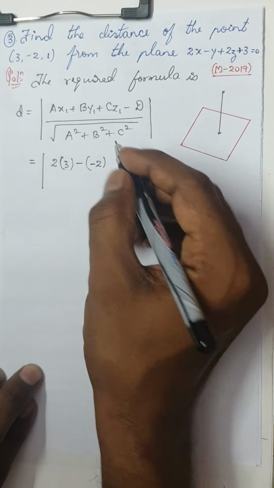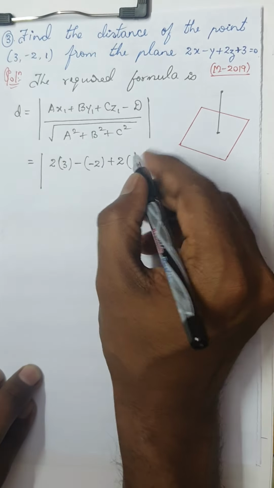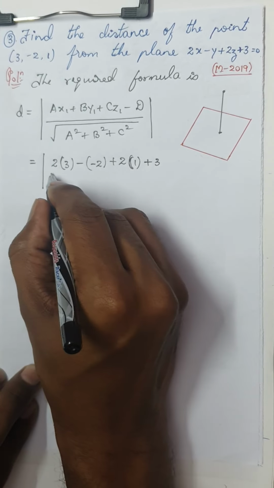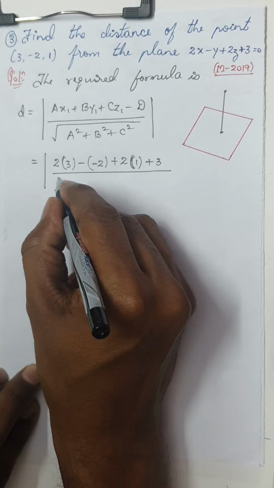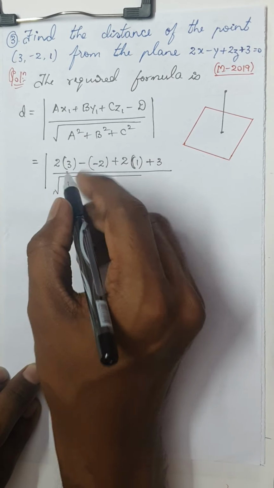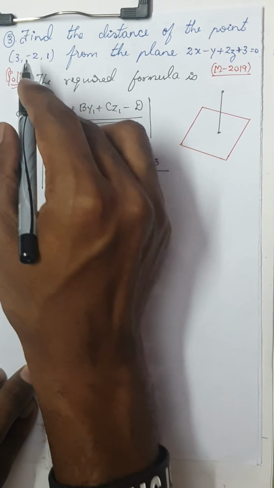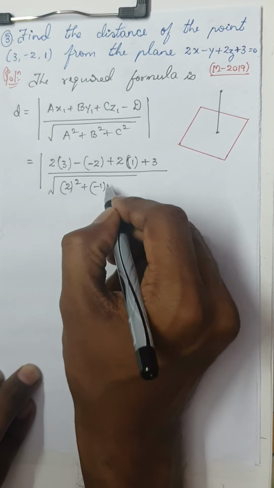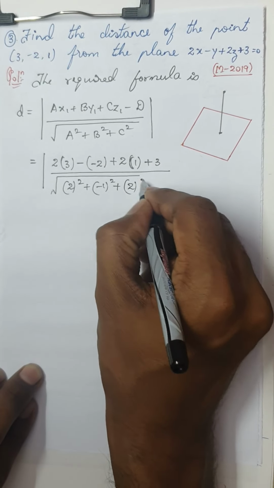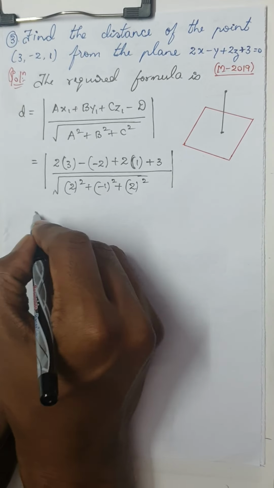It is minus 2, plus 2 times z, what is z? 1, plus 3, divided by root of a square. A square means coefficient of x, y, z, remember. So it is 2 square plus coefficient of b is minus 1, so minus 1 square, plus coefficient of c is 2, so again 2 square. Remember, it is modulus because the distance cannot be negative.